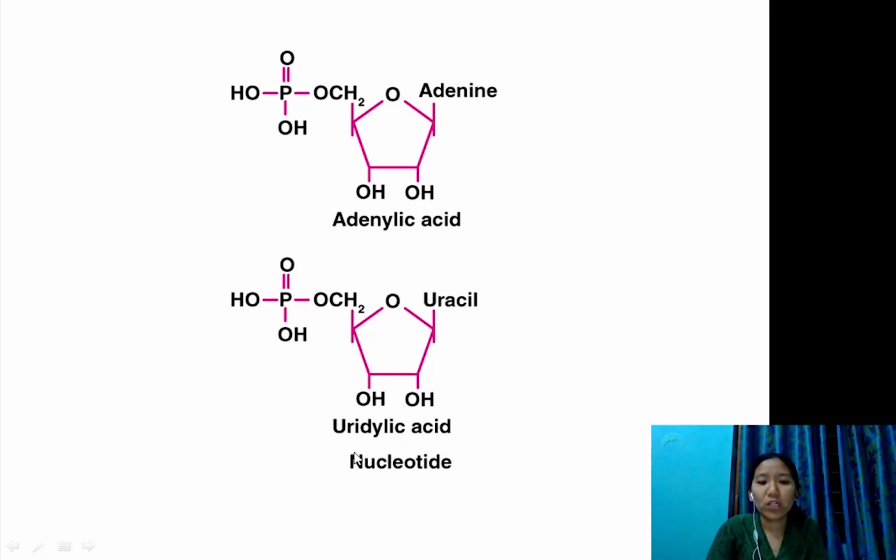So this nucleotide contains 3 important components: nitrogenous base, sugar, and phosphate group. These nucleotides are the monomers for nucleic acids. Nucleic acids, that is RNA and DNA, are very important for all living organisms because they carry the genetic information. So the repeating unit of nucleotides will form nucleic acid, and nucleic acid is a macromolecule.